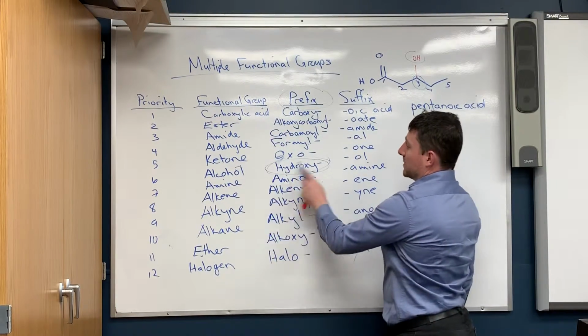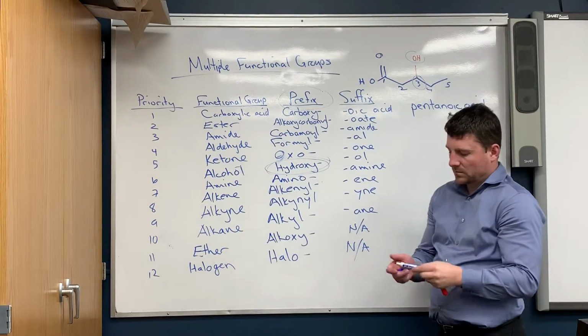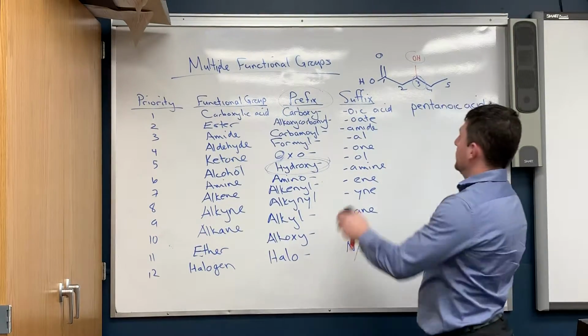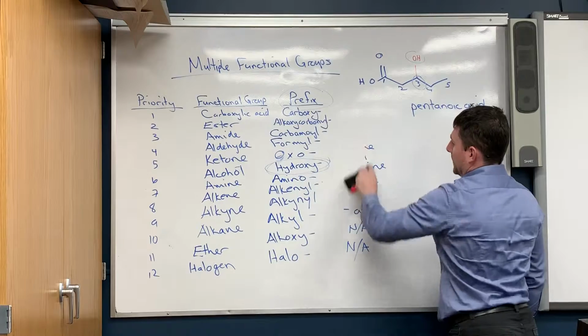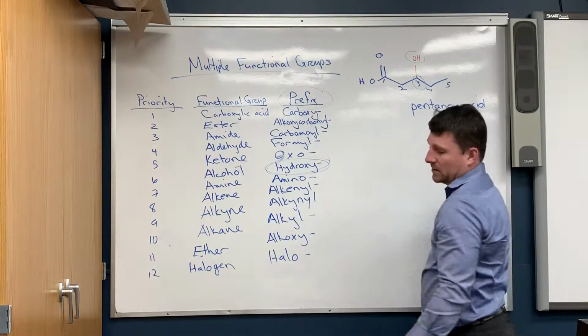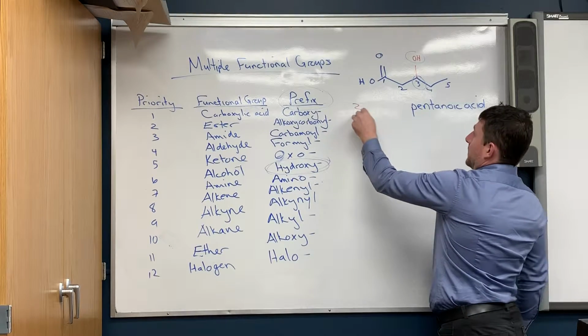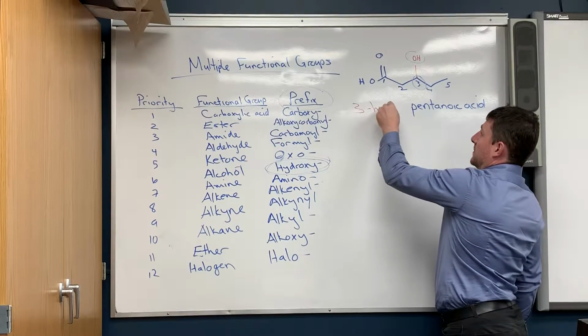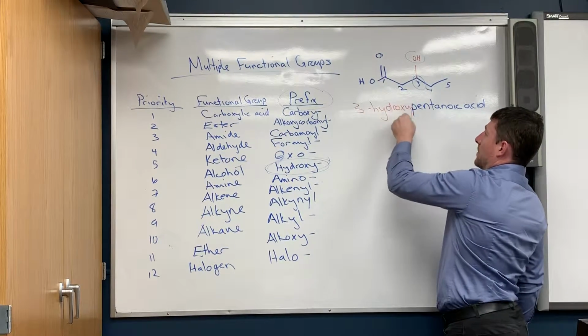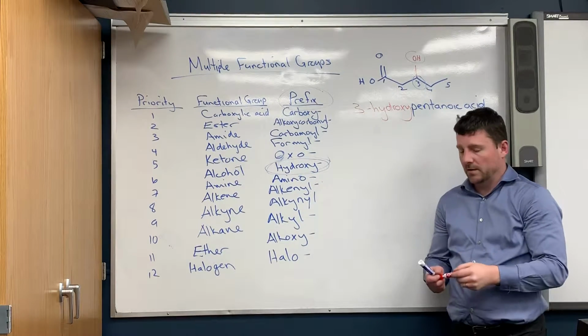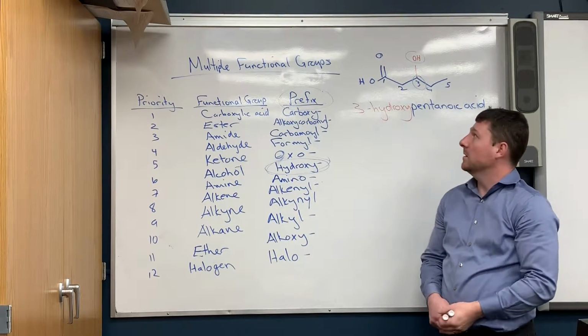Well, that's hydroxy. So just to make myself some room up here, take that out for now. We already know all the suffixes. So now I'm going to say it's on the 3rd carbon, there's a hydroxy group on my pentanoic acid, rather than naming it as an alcohol.